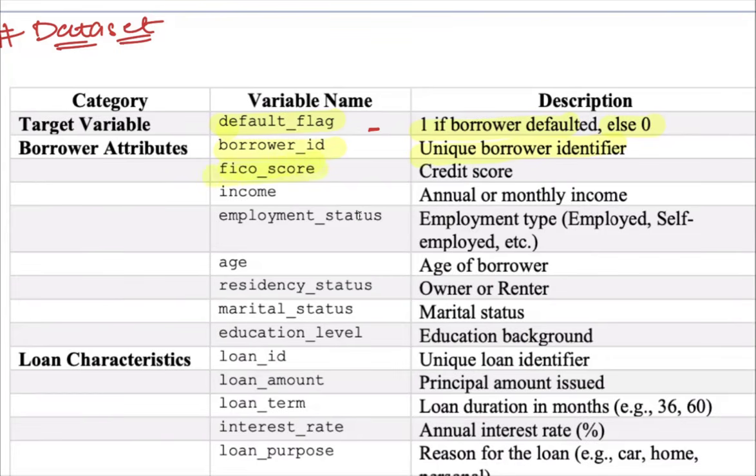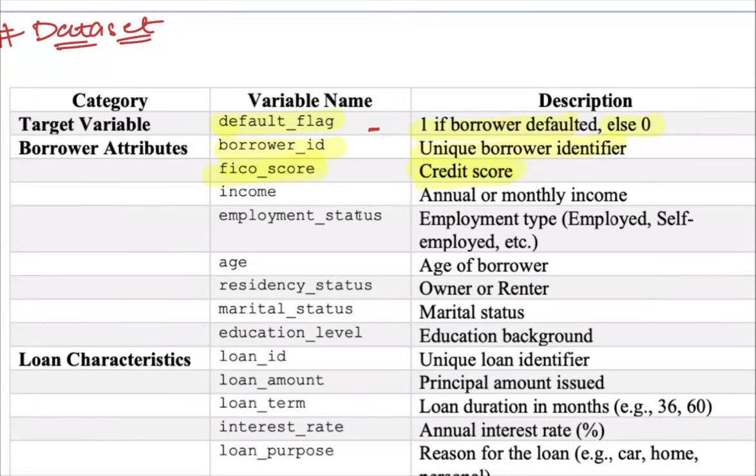FICO score. What is a FICO score? FICO score is nothing but your credit score. If you have taken any loan in the past, or if you are shopping with your credit card, are you able to refund the money back to the company?